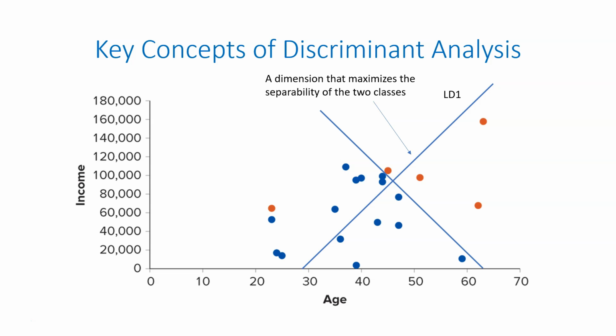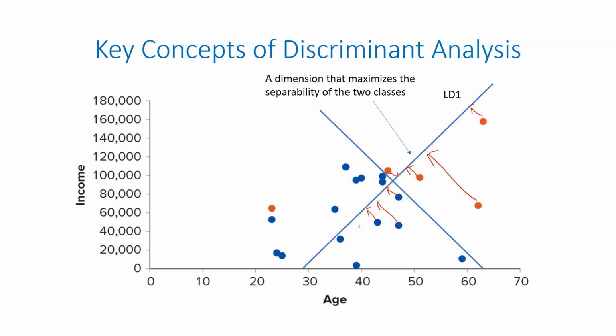LD1 is the dimension on which, if we project the data points, we will get the most separability between the two classes.